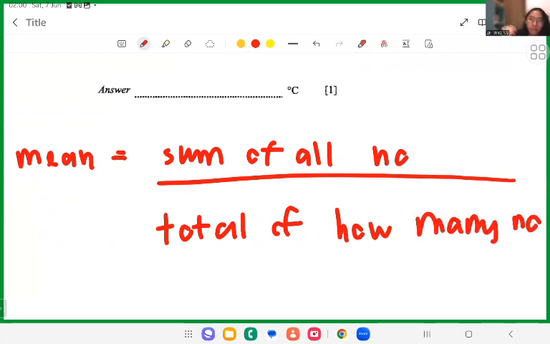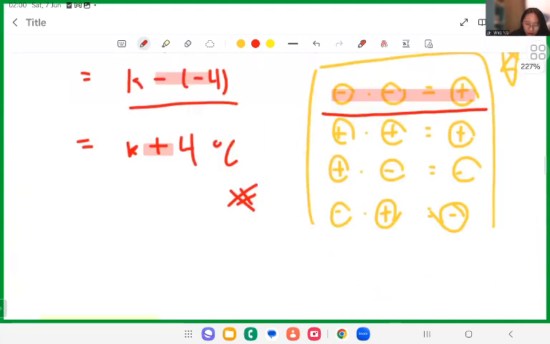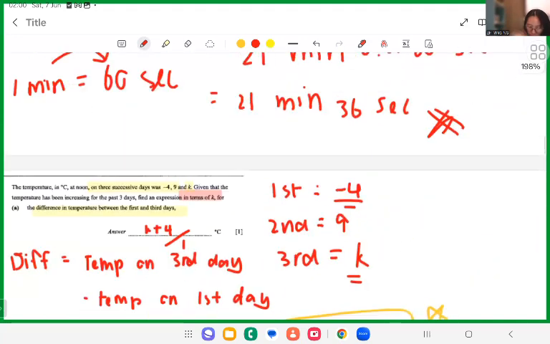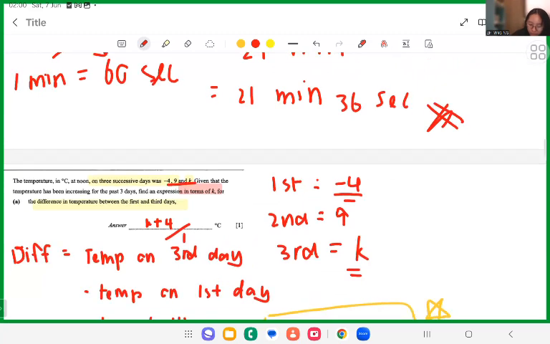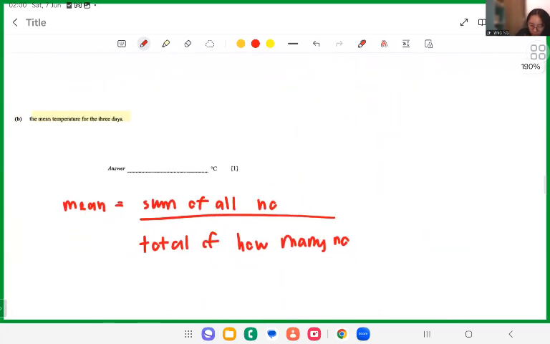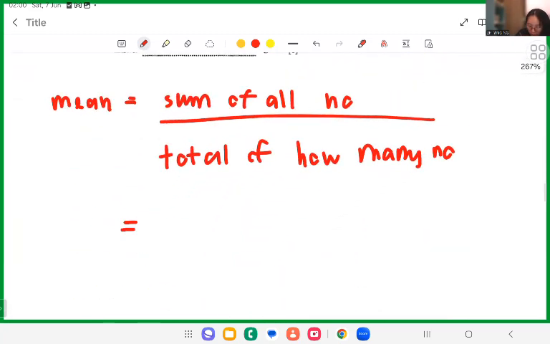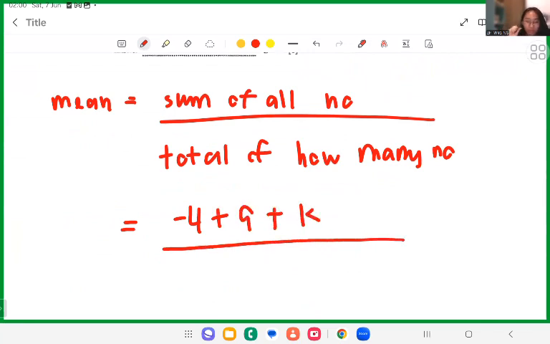Okay, so from the question given, the numbers are -4, 9, and also K. So we sum all the numbers: -4 plus K, plus 9 plus K. And then there are 3 numbers: 1, 2, 3. So we divide by 3.